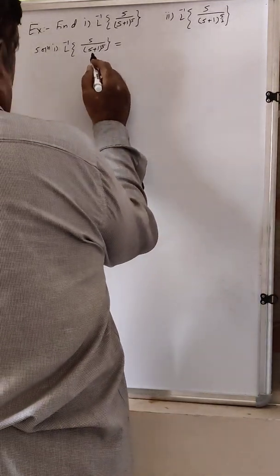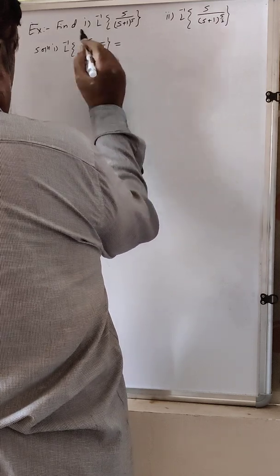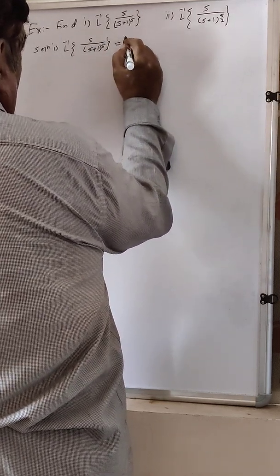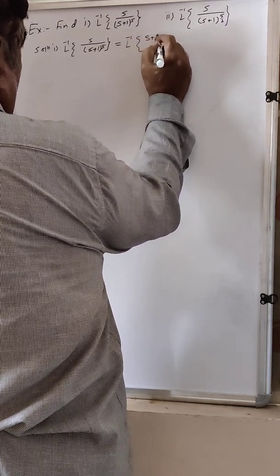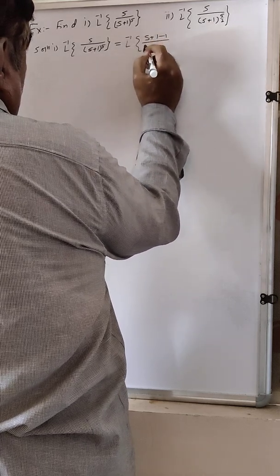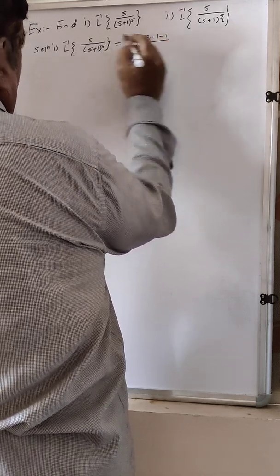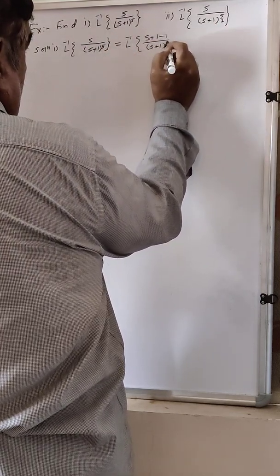In the denominator here s plus 1, therefore we add this s plus 1 in the numerator. S plus 1, add 1 and subtract 1 here. S plus 1 minus 1. We get again s here. S plus 1 raised to 5.